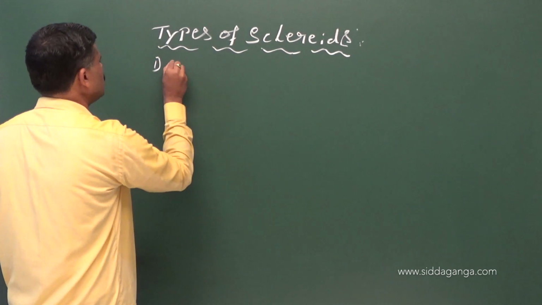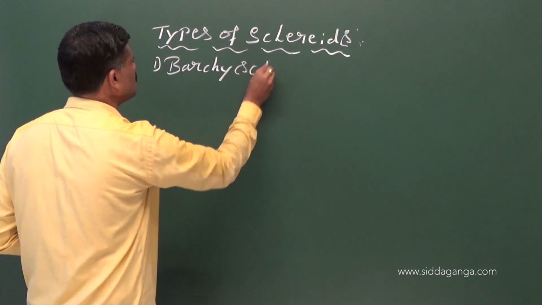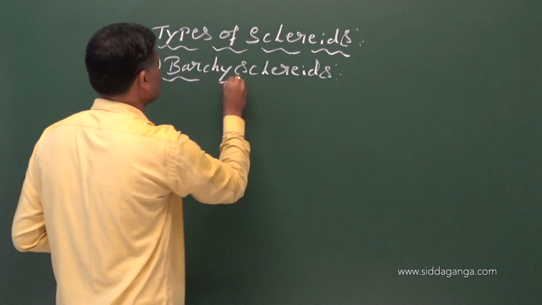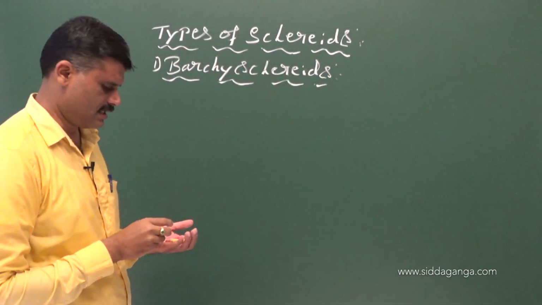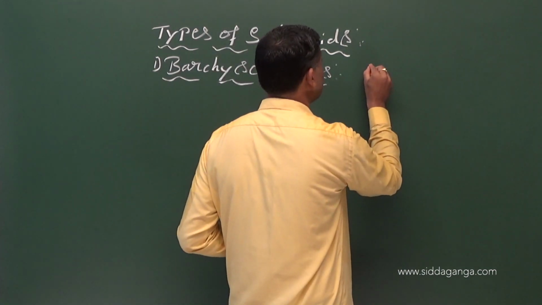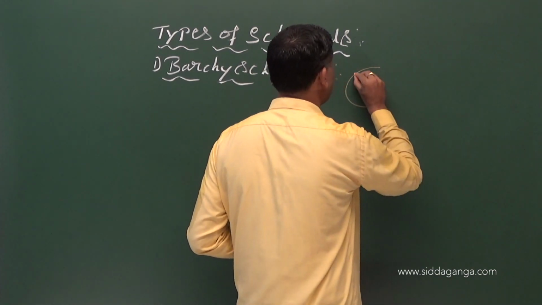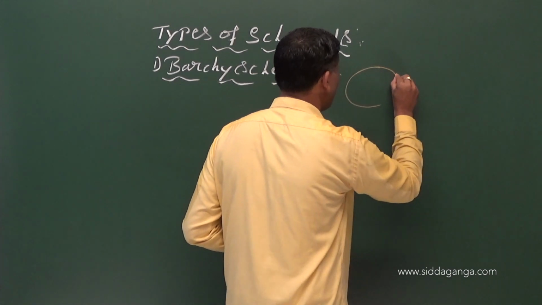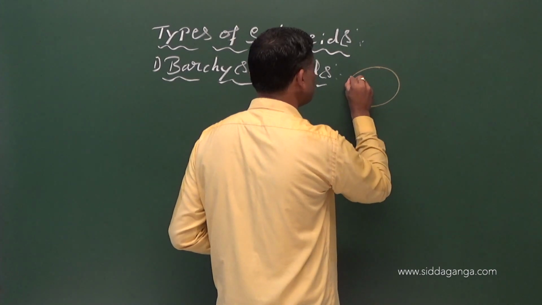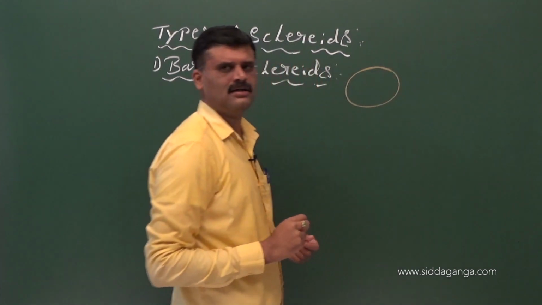First type, Brachysclerites. In Brachysclerites, the sclerites have isodiametric type of cells, meaning they have uniform length and width.